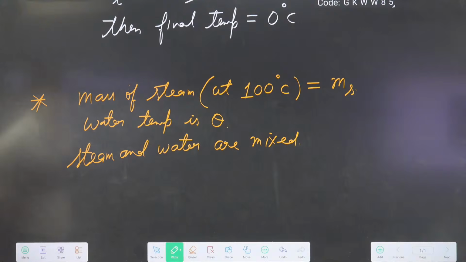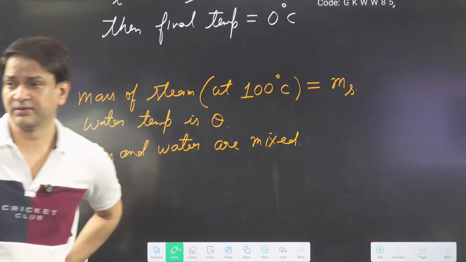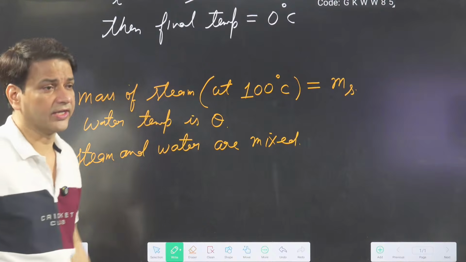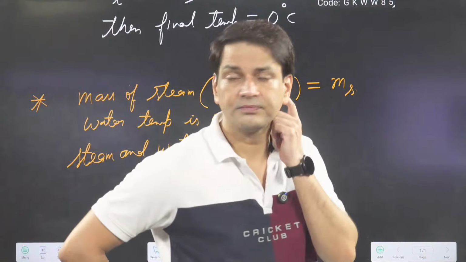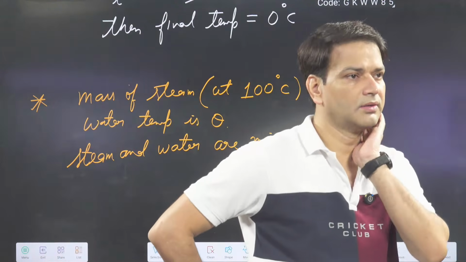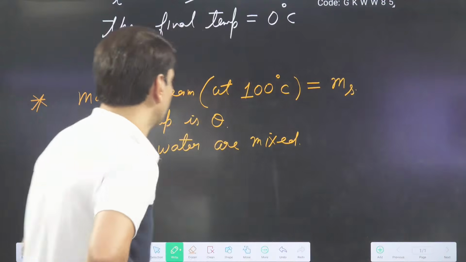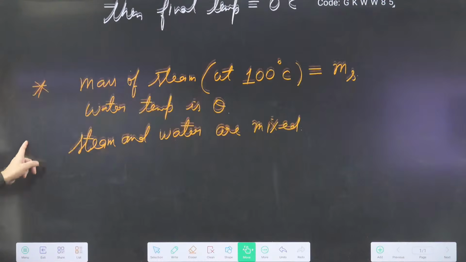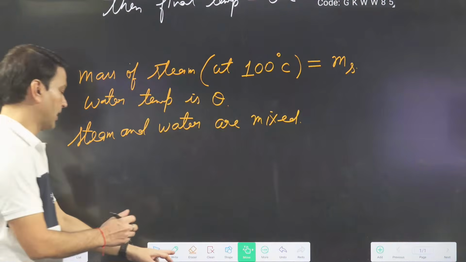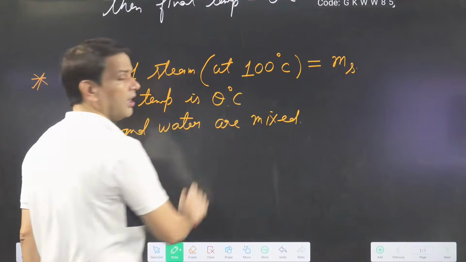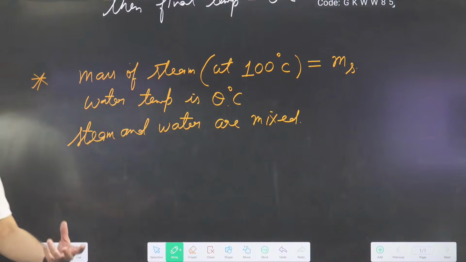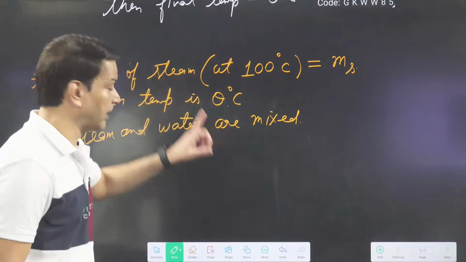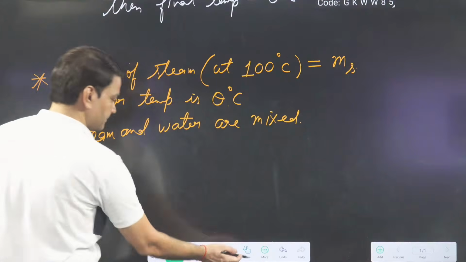The water temperature I gave is theta degree C, and I am mixing it with steam. Either the temperature will be 100 or less than 100. How can we check that the temperature will be 100 degree C? So same as above, I can say what?